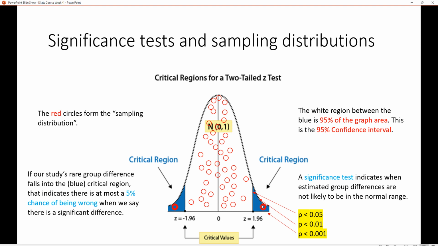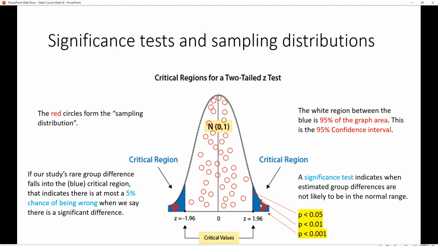This is probably not exactly 1%, but this gives us an idea that the further in the blue region we get, the lower the probability of seeing a group difference that large. And so at this point, we'll call it the p is less than 0.01 area. So now we're seeing things that are very rare.